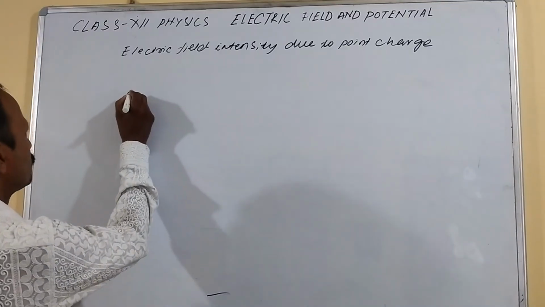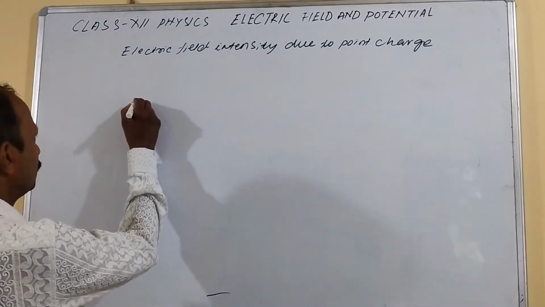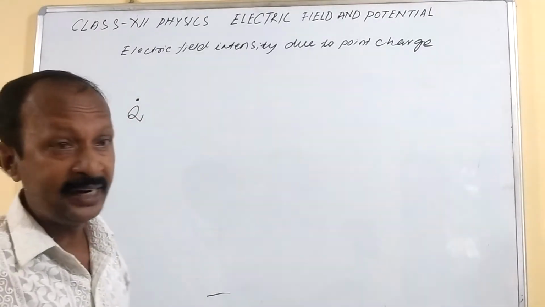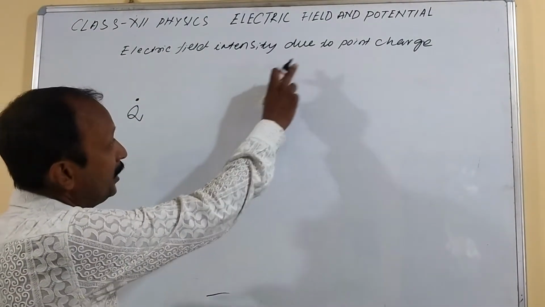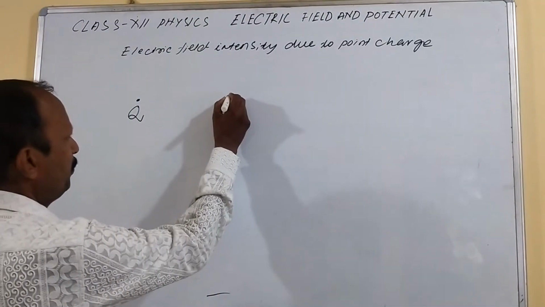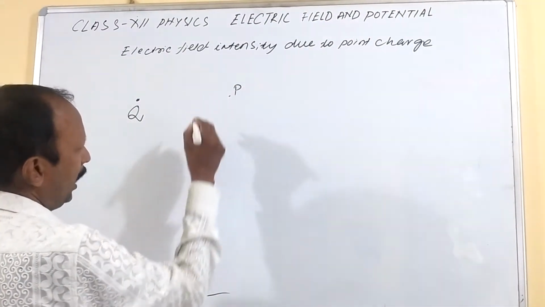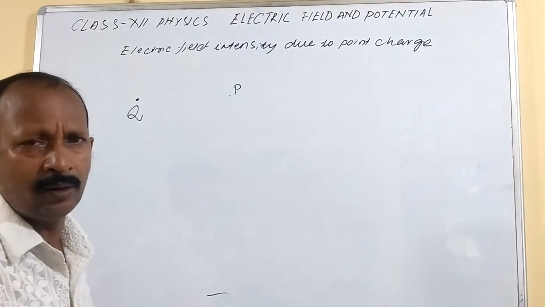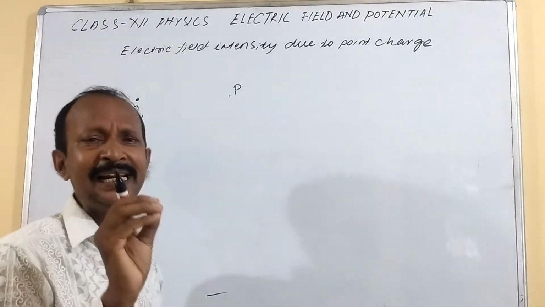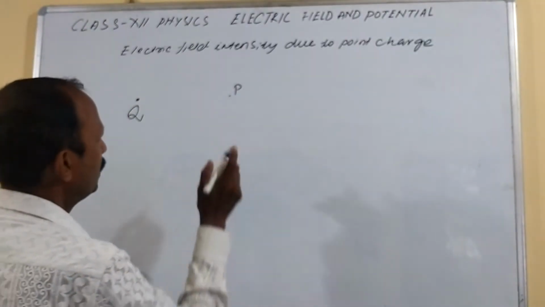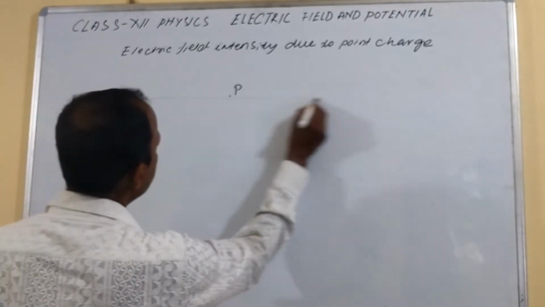So, suppose this is the charge Q, a point charge. P is a point. At this point, I want to find the electric field intensity due to charge Q. I am joining this one.